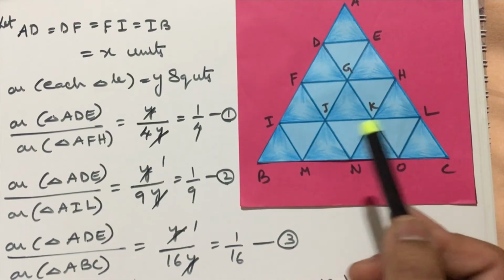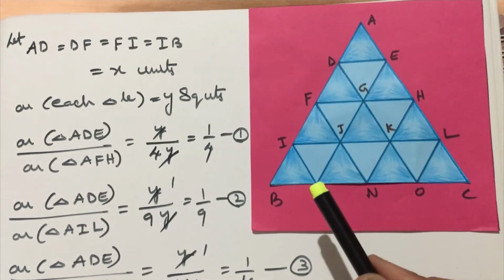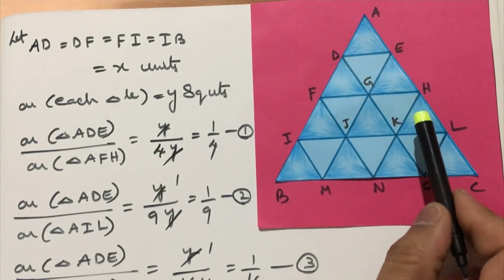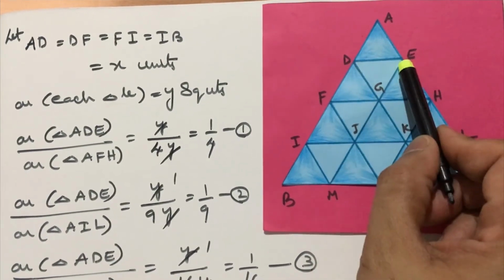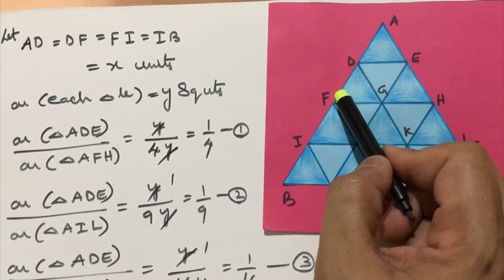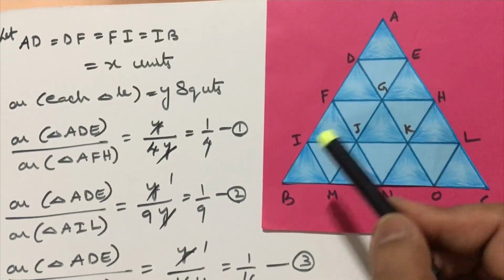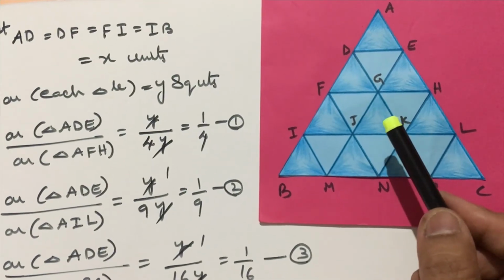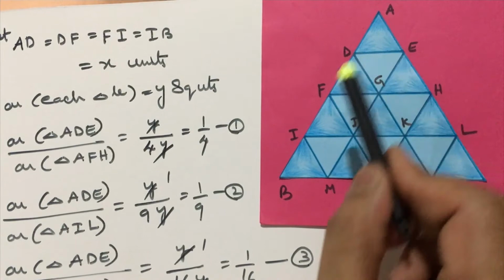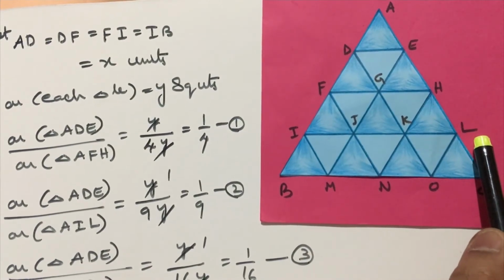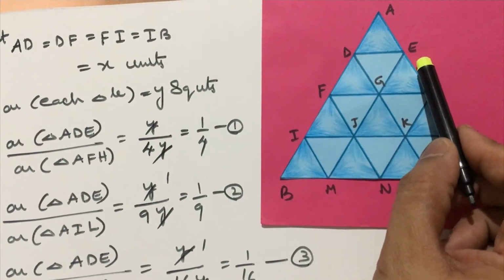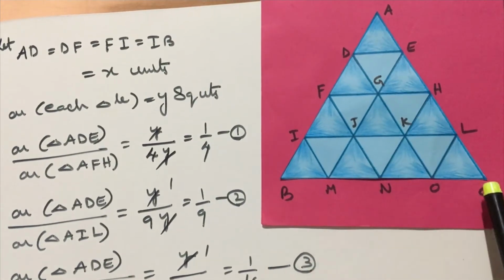So you can use the converse of BPT and say that DE is parallel to FH, so that triangle ADE is similar to triangle AFH, as these two angles are equal. Similarly, you can say that ADE is similar to triangle AIL. In the same manner, triangle ADE is similar to triangle ABC.